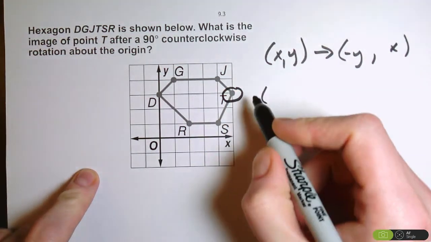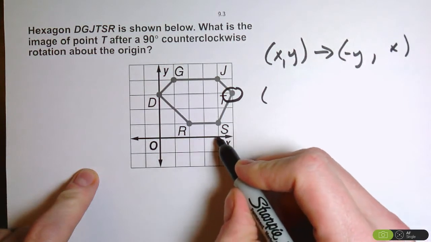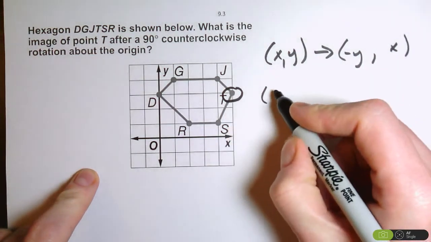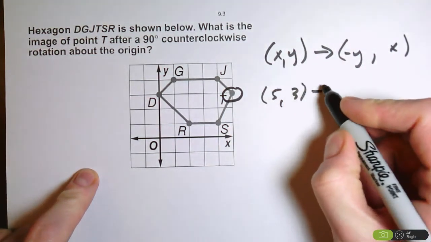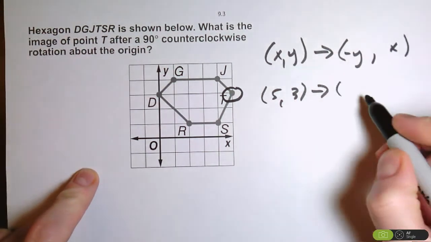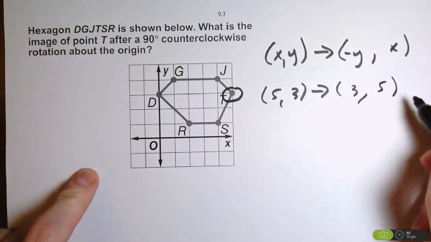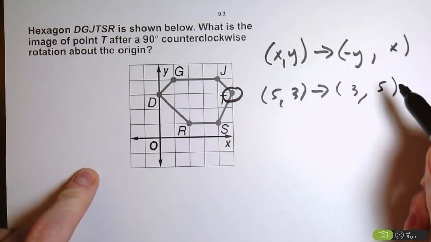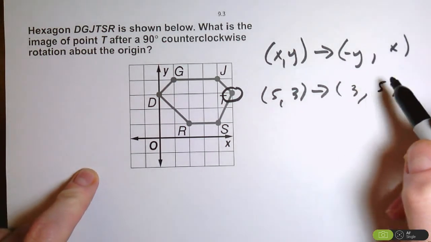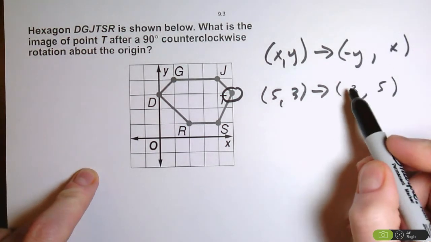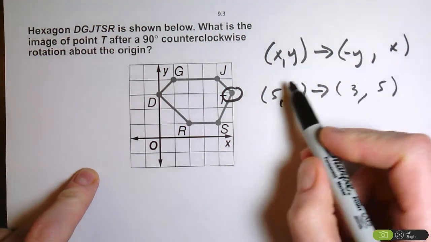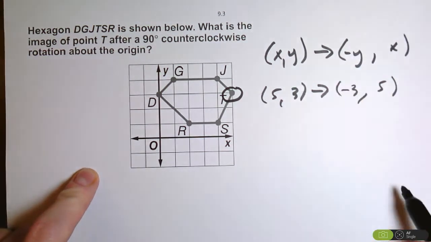T is at 5, 3. Now what's going to happen is I'm going to switch those to 3, 5, and then I'm going to switch the sign of the old y, which was 3, so the new x is -3.